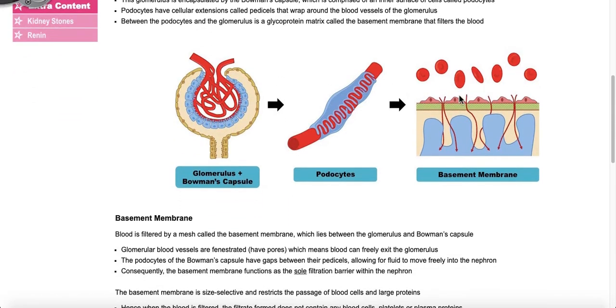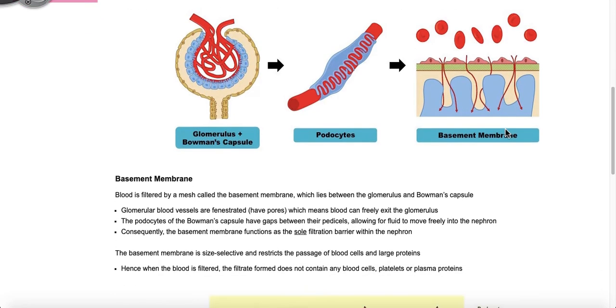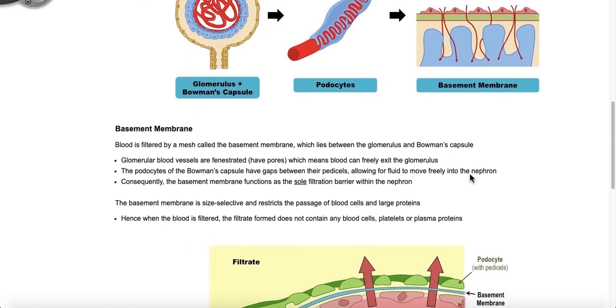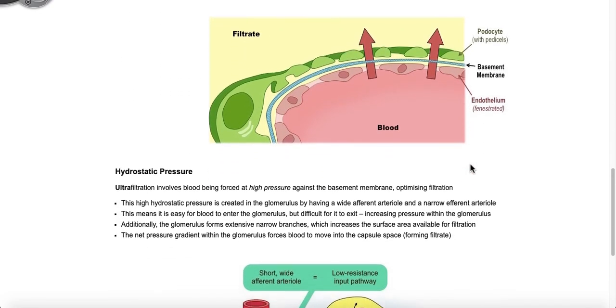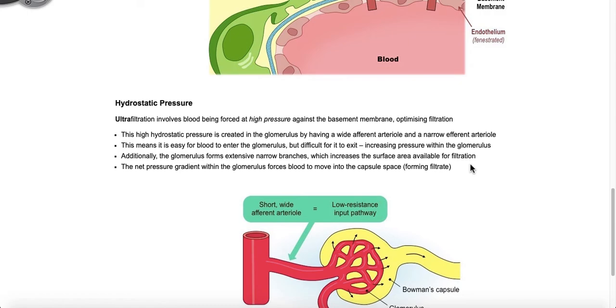If you want to know where exactly the actual filtration happens, it happens right here in the basement membrane that is found within the Bowman's capsule and the glomerulus. And this is what allows only the filtrate to pass through, and it prevents larger cells from filtering through into the filtrate. Okay, that is it for today.